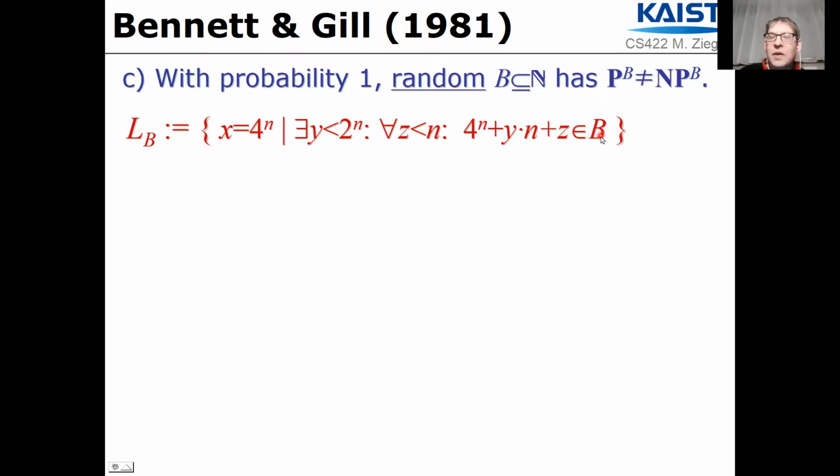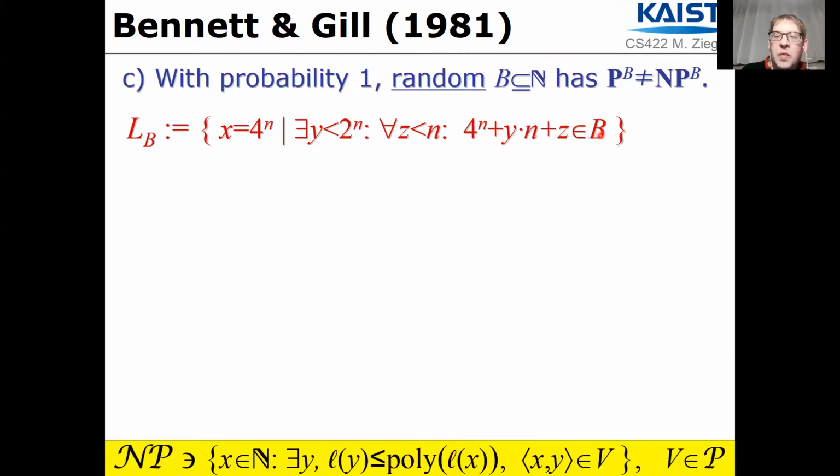Okay, this is all very artificial and confusing. So let me first of all point out that regardless of what the oracle B is, this decision problem belongs to NP. Recall, NP means there exists a witness of polynomial length that can be verified in polynomial time. And here we have this witness, namely y is the witness.